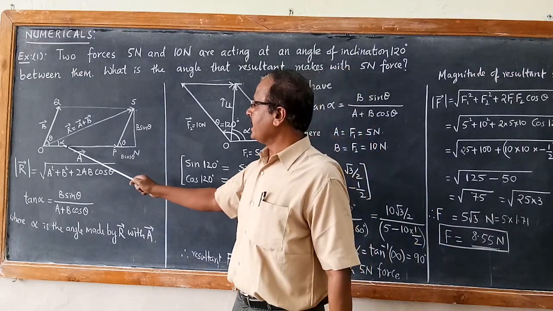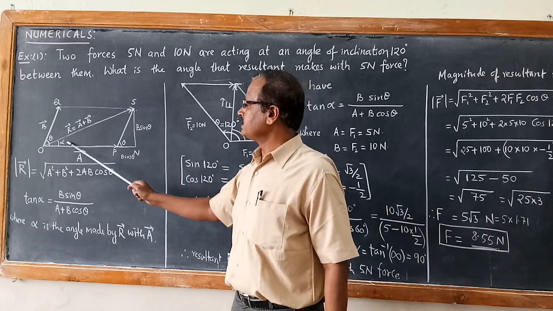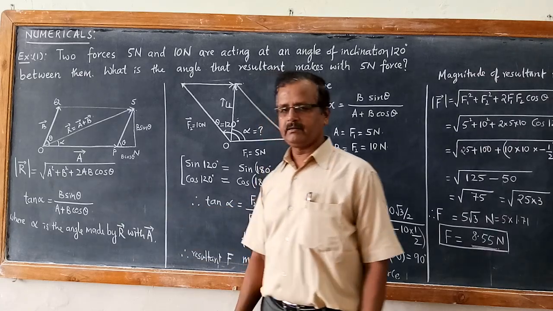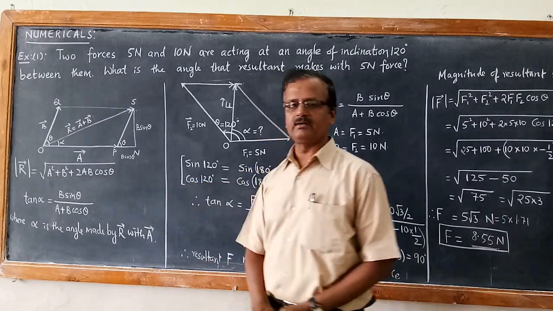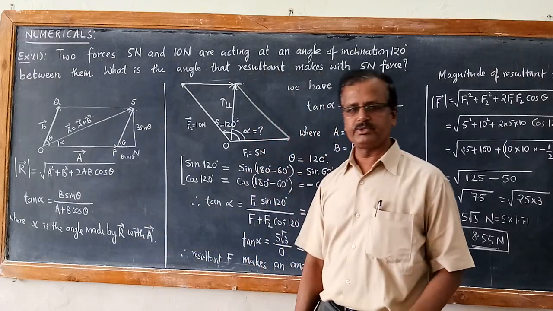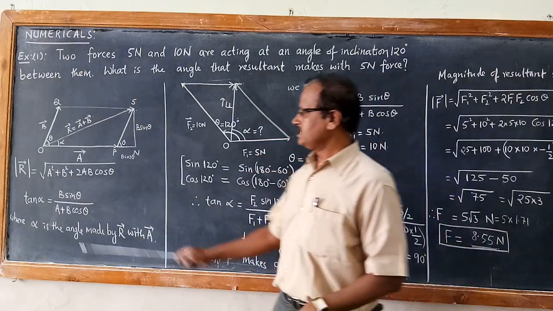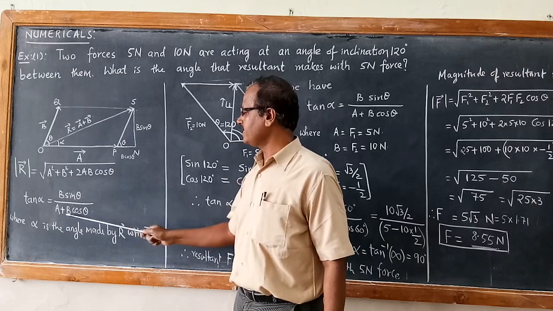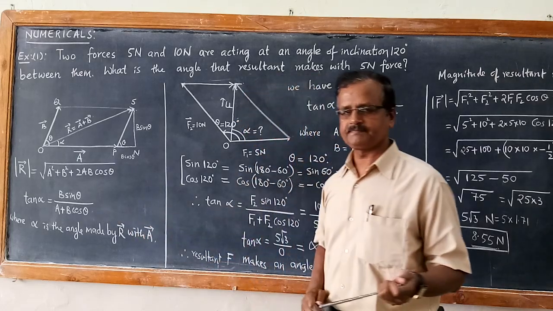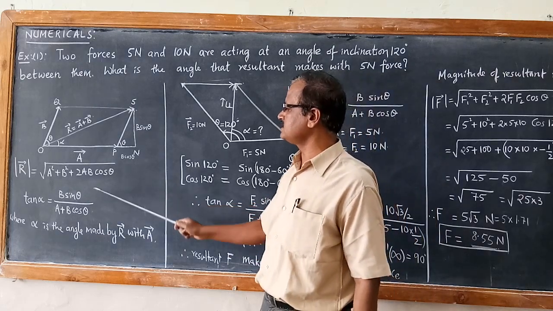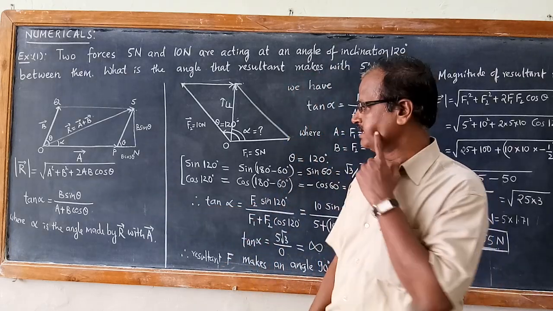And the angle subtended by the resultant vector with vector A, we have taken as alpha. Alpha can be found using the relation we got yesterday: tan alpha equals B sin theta divided by A plus B cos theta. Both are results we derived yesterday.